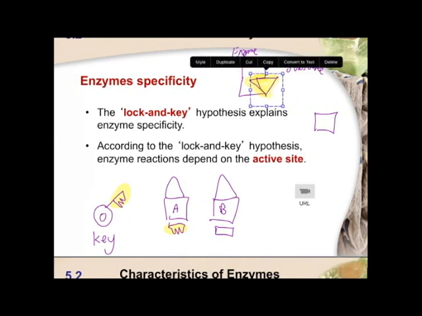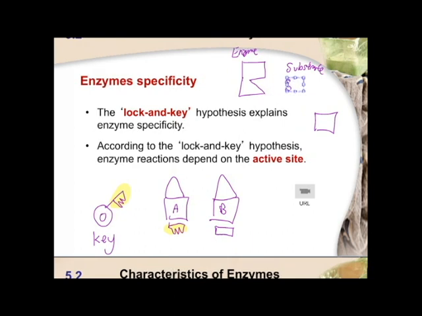The enzyme will then slowly catalyze the reaction, and later maybe the substrate changes shape to become something like two circles, where it no longer fits the active site of the enzyme, then it will start to exit. At the end of the day, you could see that the shape of the enzyme always remains the same. Only the substrate changes its shape, and then it will no longer be known as a substrate, it will be known as a product.